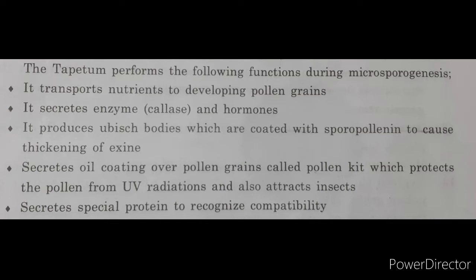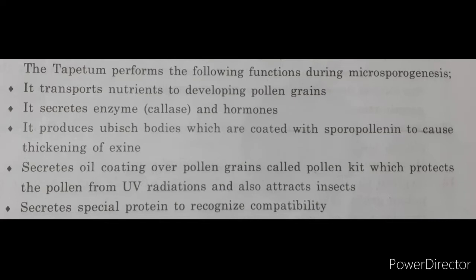That is called pollenkitt, which protects the pollen from ultraviolet radiation and also attracts insects for pollination. Then the last function, it secretes a special protein to recognize compatibility.